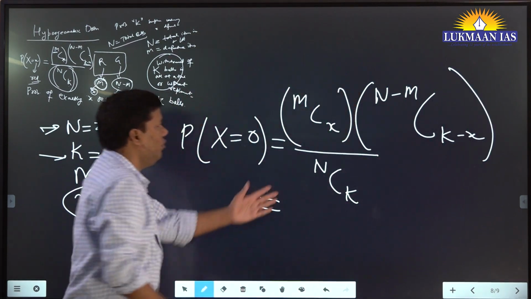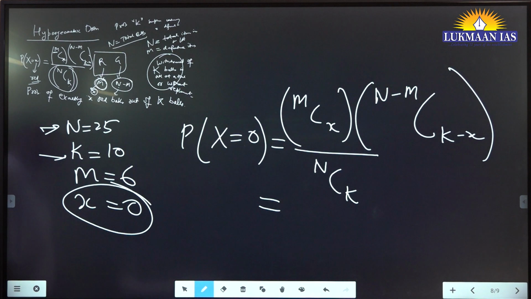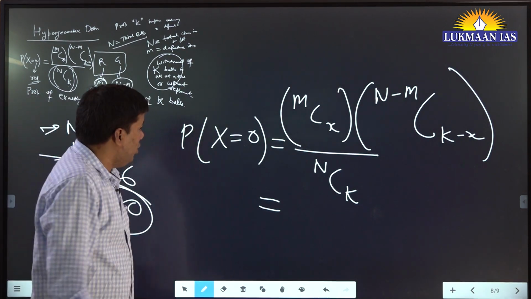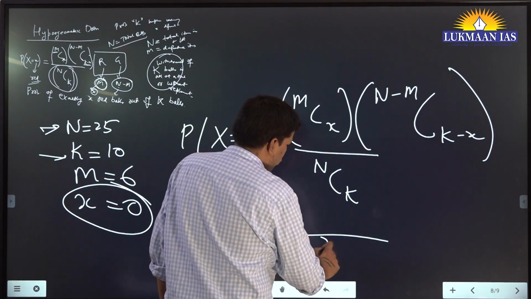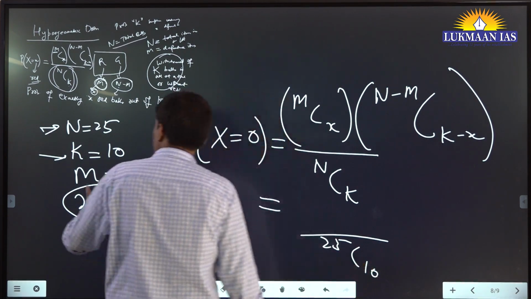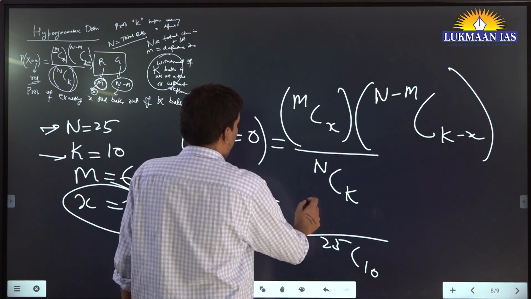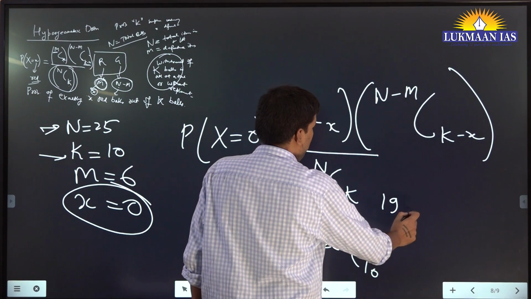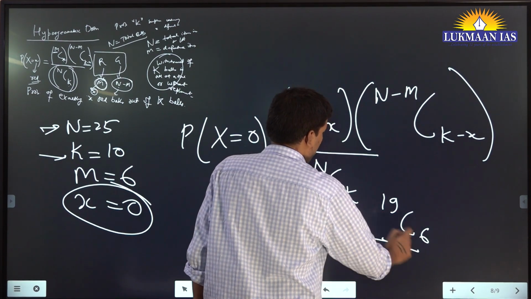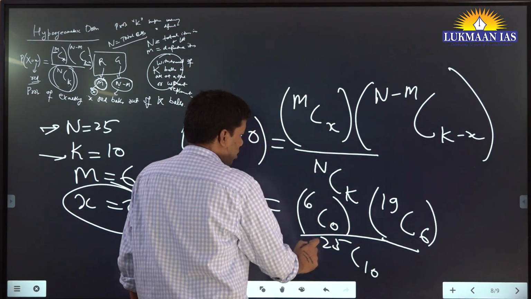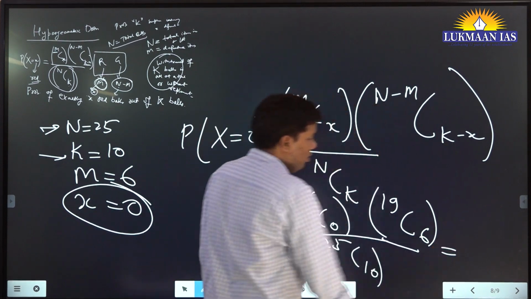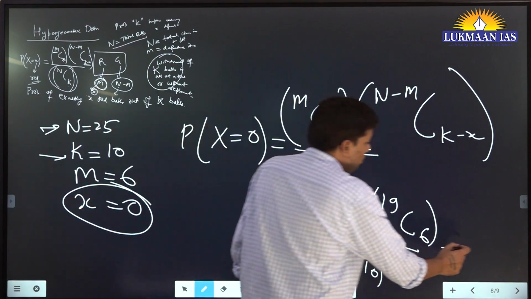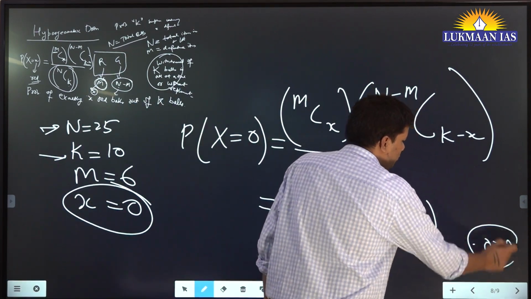You simply have to now put the values. This will be 25 C 10 in the denominator, M is your 6, so 6 C 0 times 19 C 10 minus 0, that is 19 C 10. This value you get, and let me answer: 0.028.